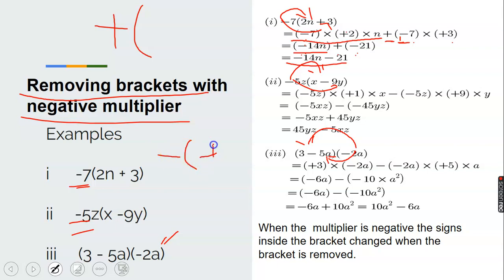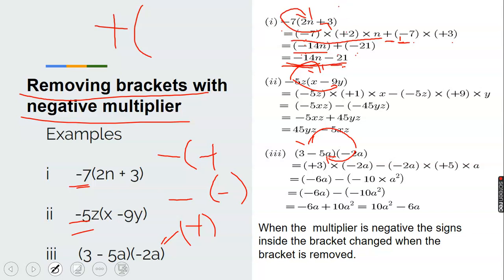If you have plus inside, it turns to minus. If you have minus inside, it turns to plus. Is that okay? When you have minus outside, every sign inside the bracket changes. Now look at minus 7 times 2n, it will be minus 14n. Minus 7 times 3, it will be minus 21.